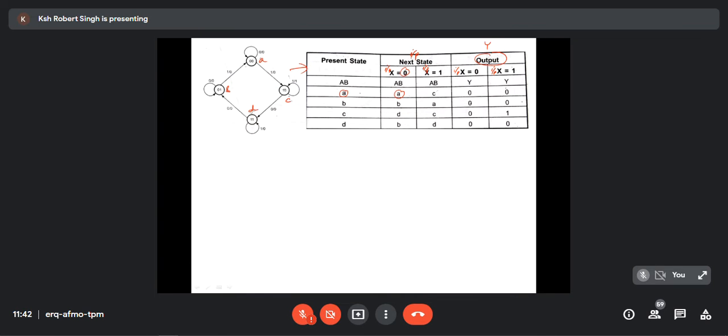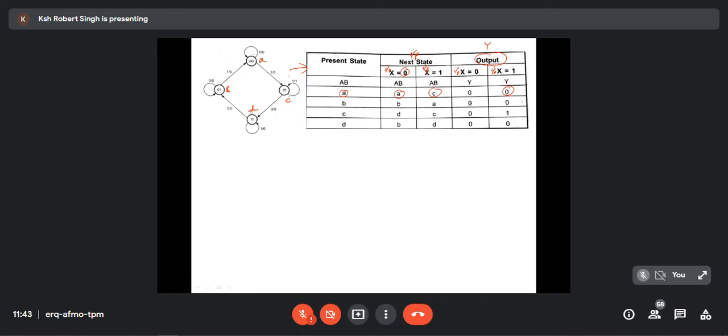A to C, see, it is going from A to C when input is 1, because input can be 0, it can be 1. That's why when input is 1, it goes to C. And when input is 1, output is 0.